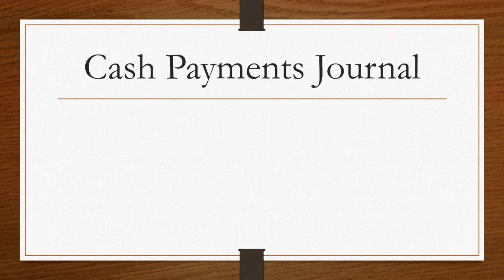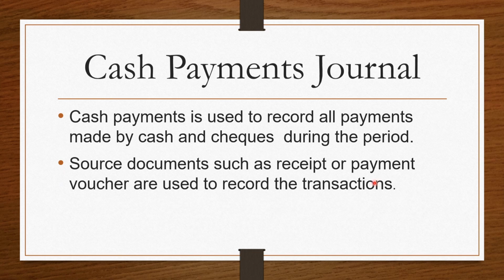Cash payment journal. Cash payment journal is used to record all payments made by cash and check during the period. Source documents such as receipts or payment voucher are used to record the transactions.